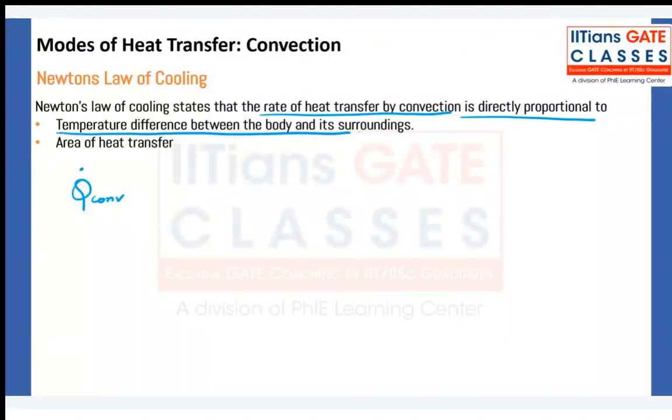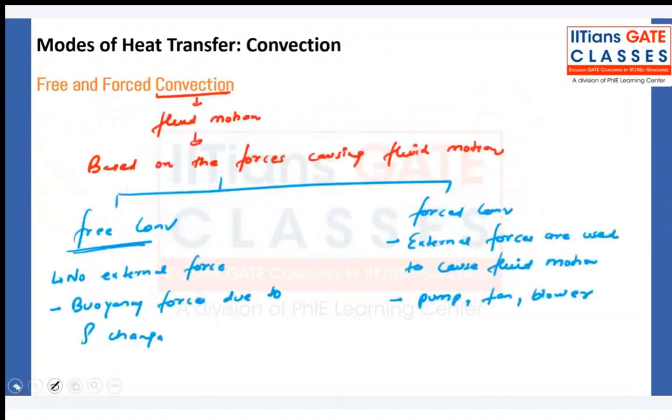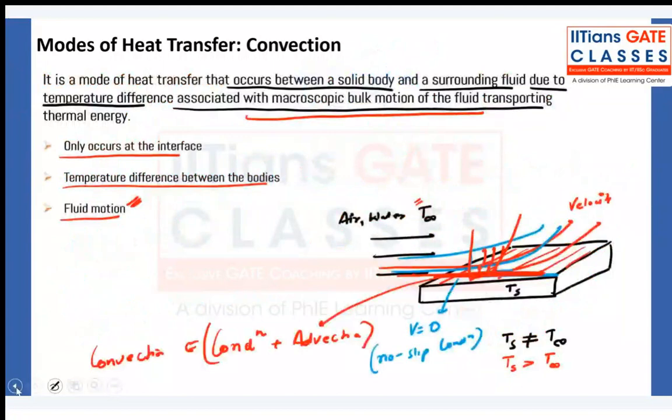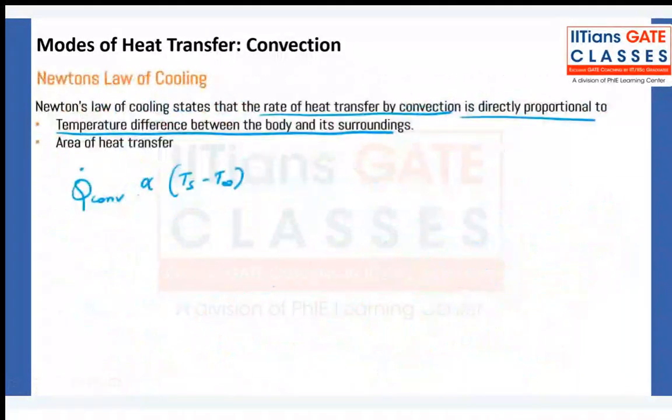So what is this? Ts minus T infinity. We know what Ts is: the surface body temperature, and this is T infinity. It is also proportional to the area of heat transfer. Q dot convection is proportional to the area of heat transfer.